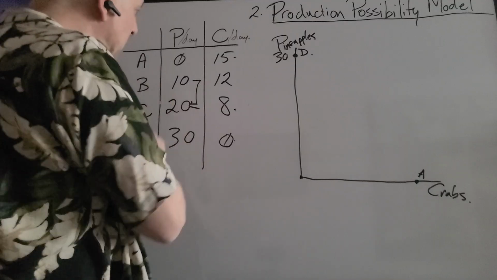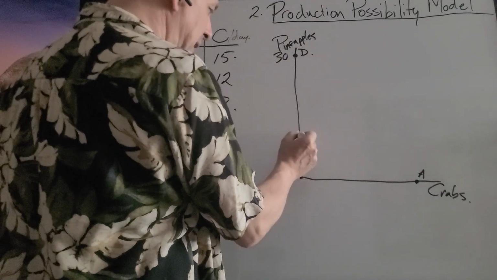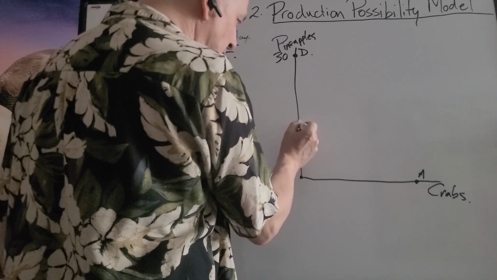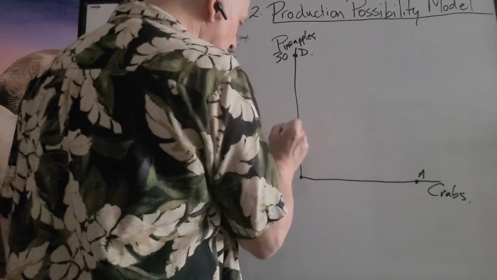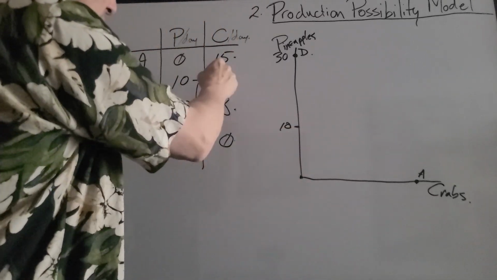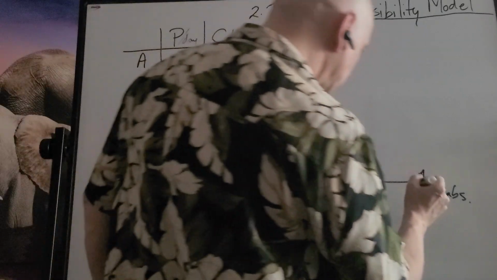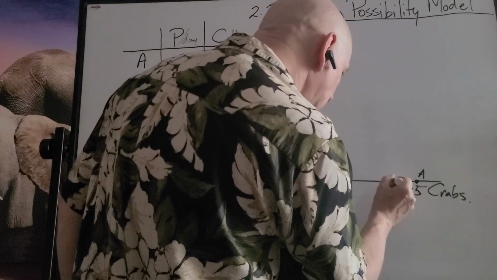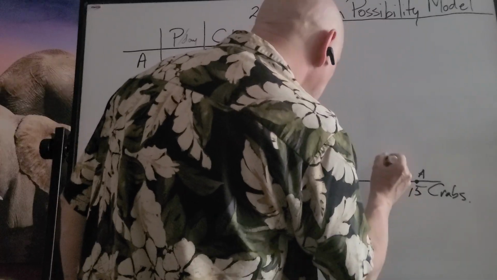Okay, well, point B, we've got 10 pineapples, so 30, 20, 10. Let's say 10 is about there. And what have we got? 12. So this is 15. So let's say 12 is about there.